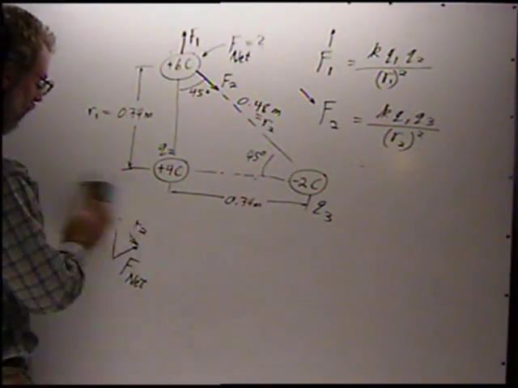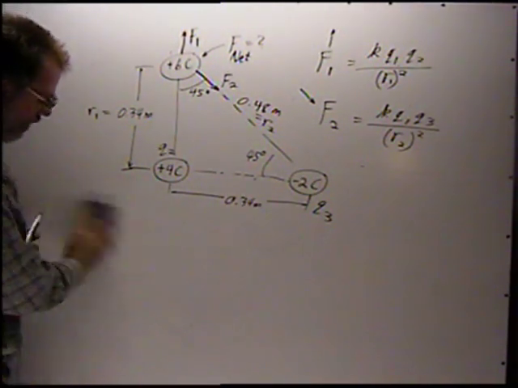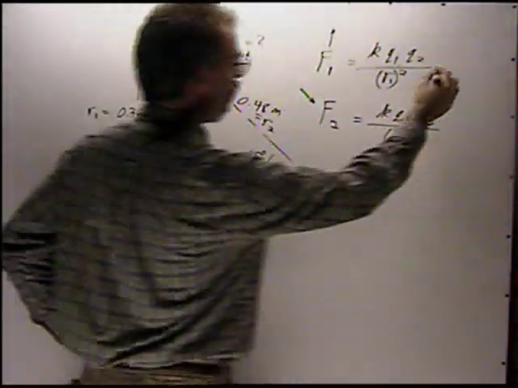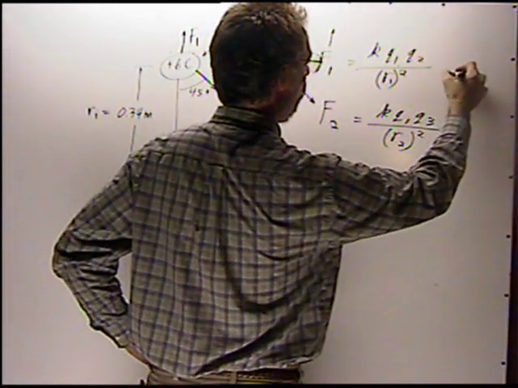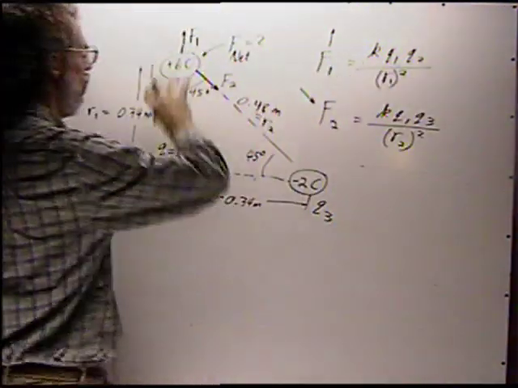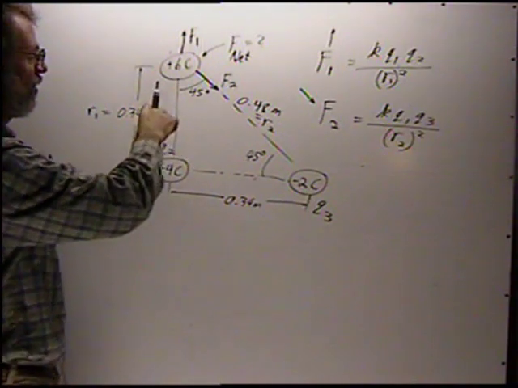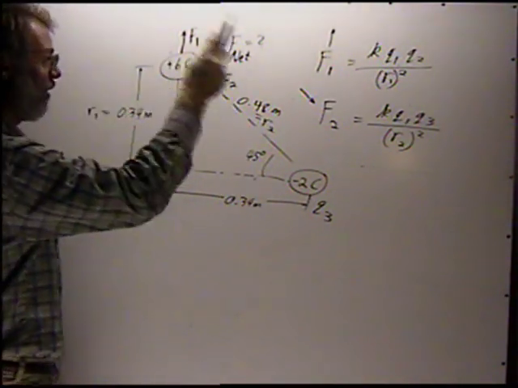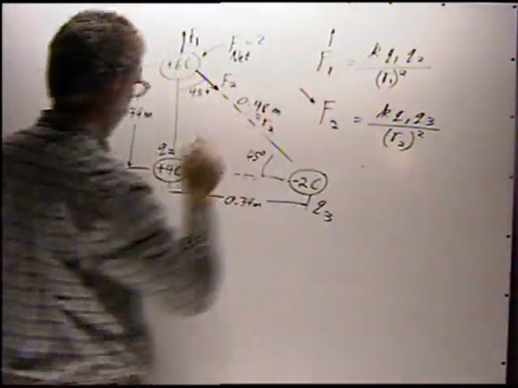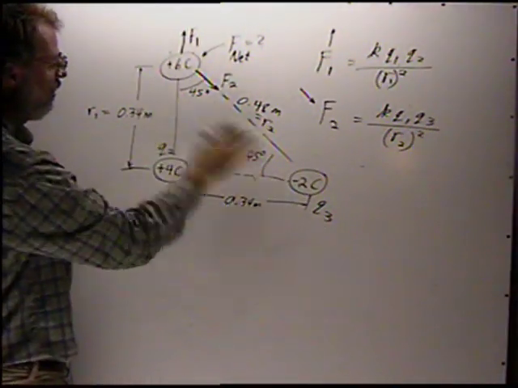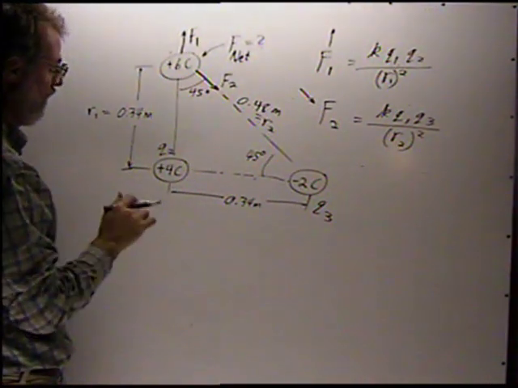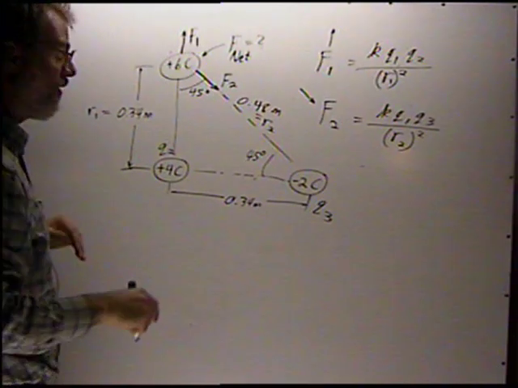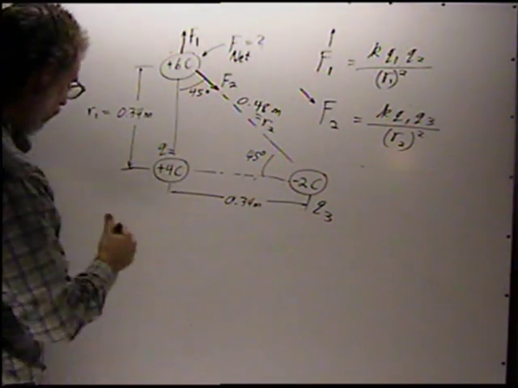Okay. What you want to do is break this force up into its components. Notice force number 1 is purely a y force, so it's purely in one dimension, in the up dimension. So you would calculate F1, then you would calculate force 2. Now force 2 is the one that is oriented at an angle, so that's the one that we can break up into an x and y component.